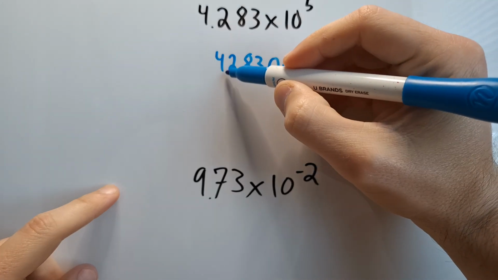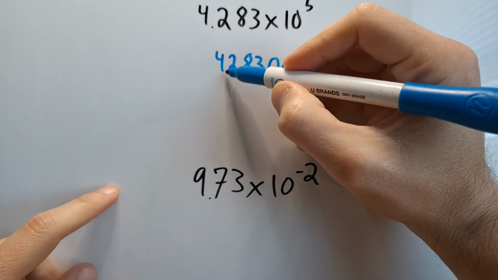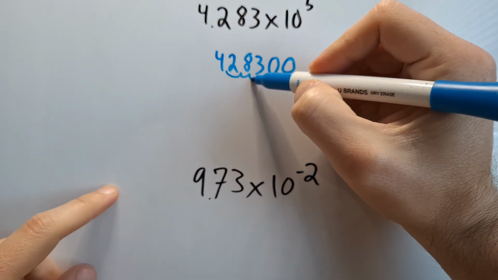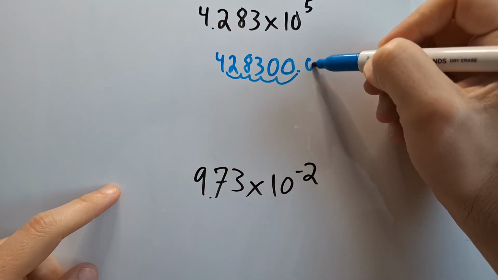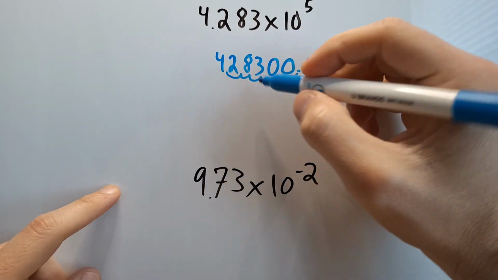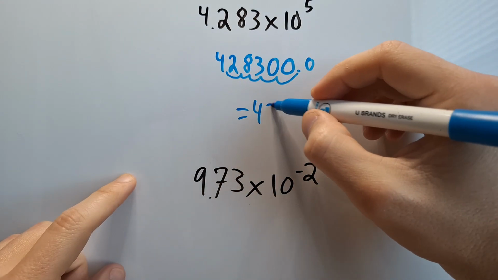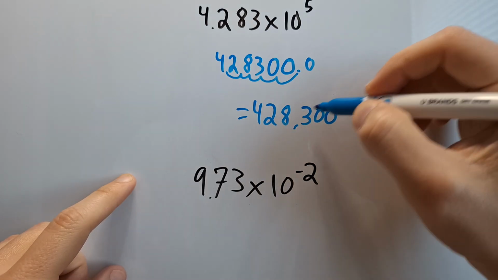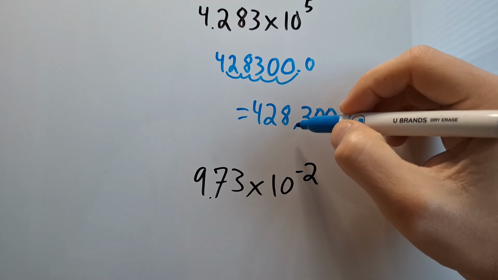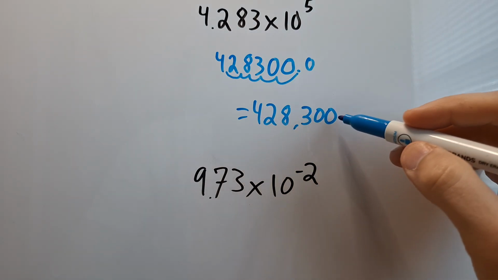So the original decimal point was here. So if I go 5 places to the right, 1, 2, 3, 4, 5, I now have a whole new number. So the final answer for this conversion will be the following: 428,300.